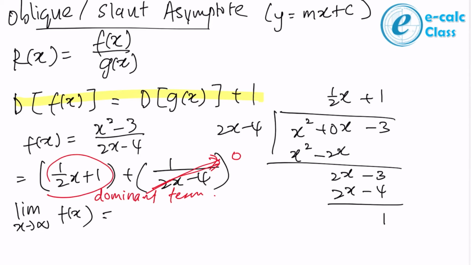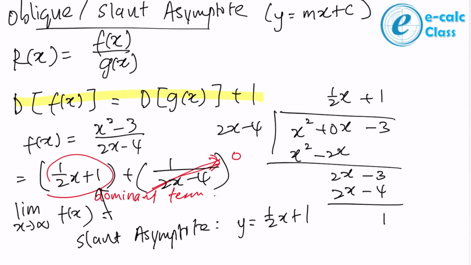So who is your oblique or slant asymptote? This one. This is your slant asymptote: y equals half x plus 1. Okay, make a note of it.